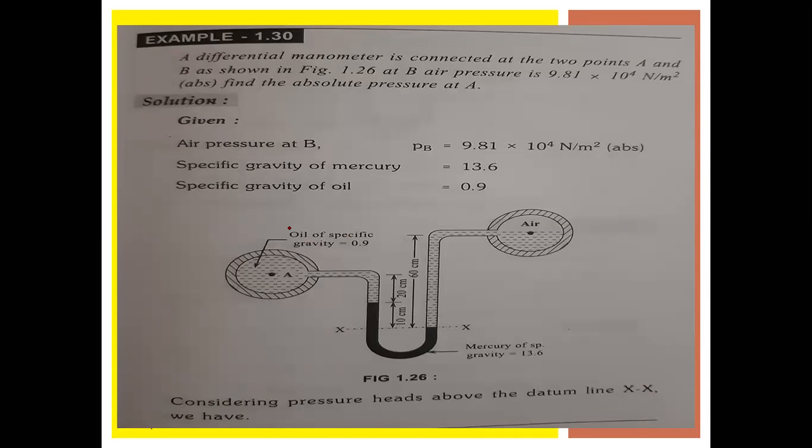Now see, in the last problem you had one container; here you have two containers. A differential manometer is connected at the two points A and B. This is a differential manometer where one end is connected to container A and the other end is connected to container B as shown.